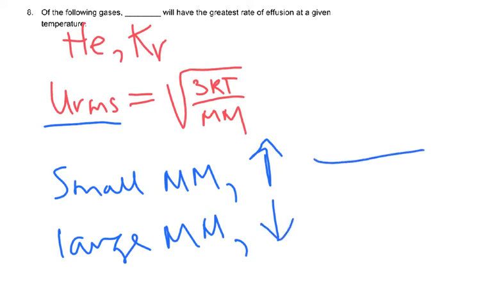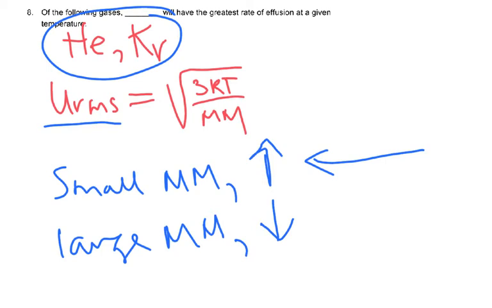If you have a higher velocity, those particles are going to be moving faster. They're going to have more collisions. If they have more collisions, they're going to effuse faster, right? And so whichever one of these has the smaller molar mass is going to have the greatest rate of effusion at a given temperature.